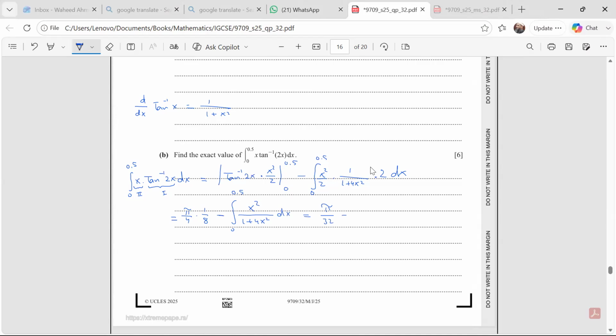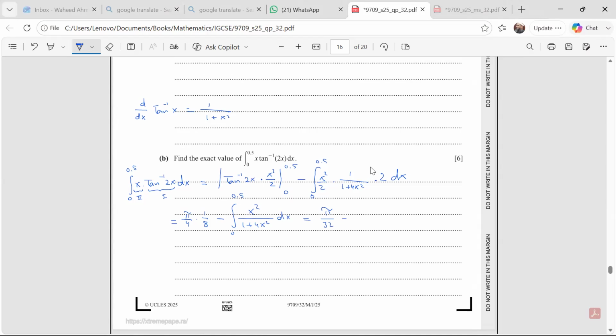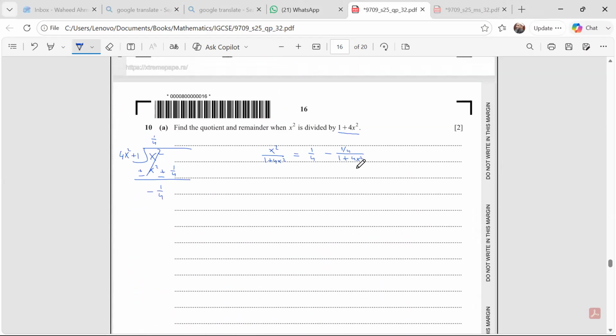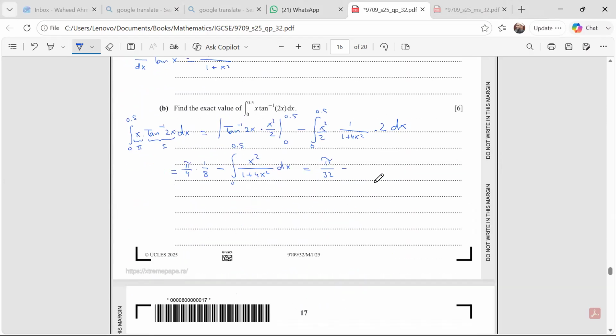Now here I will apply the result of part A. Remember, x squared over 1 plus 4x squared was equal to this. So minus the integral from 0 to 0.5 of 1 by 4 minus 1 by 4 divided by 1 plus 4x squared dx. Is it clear?